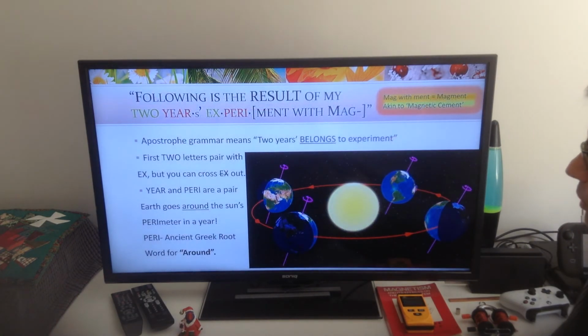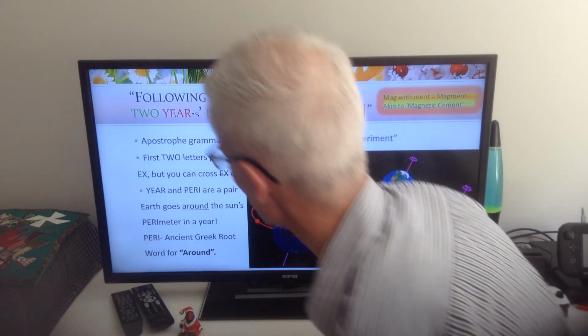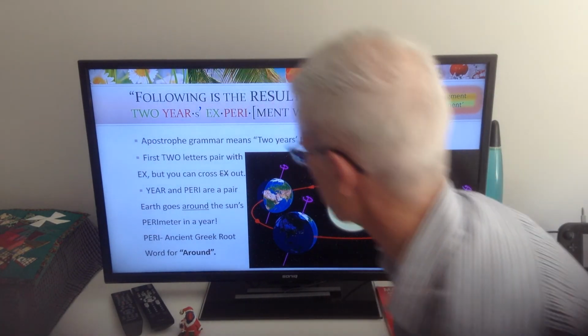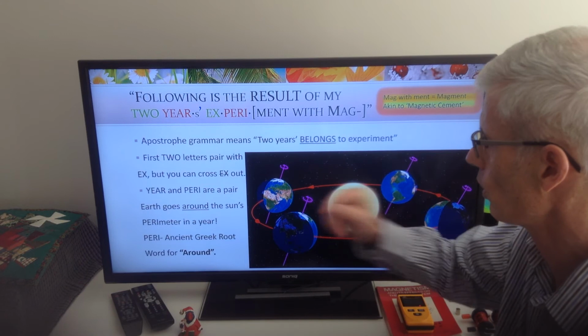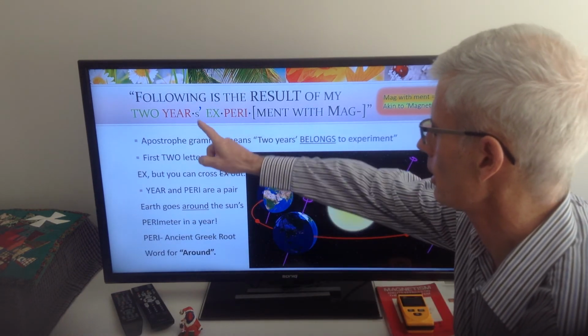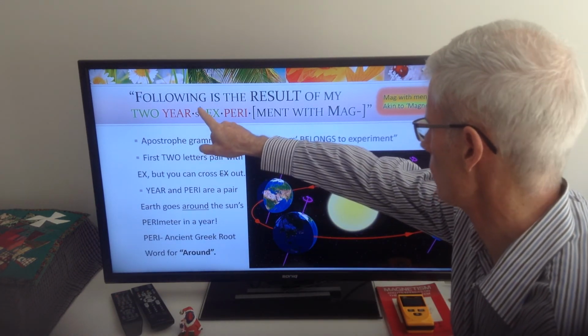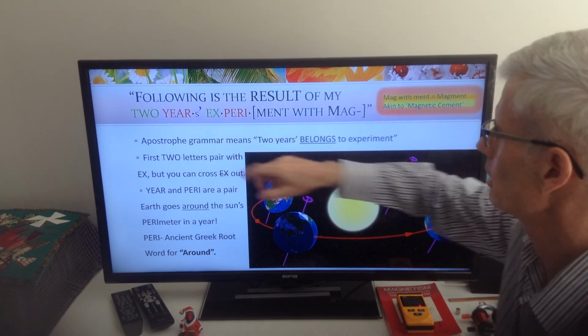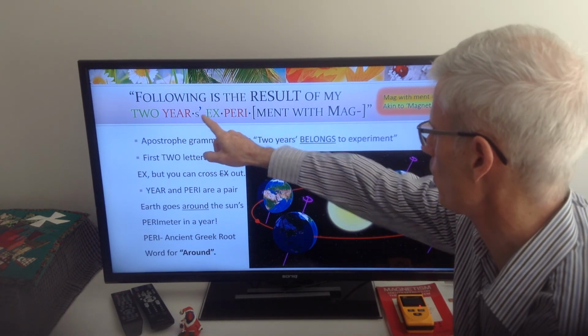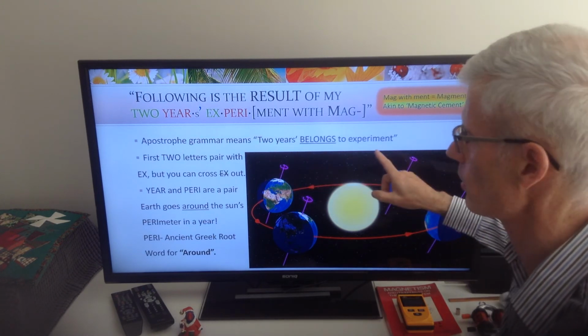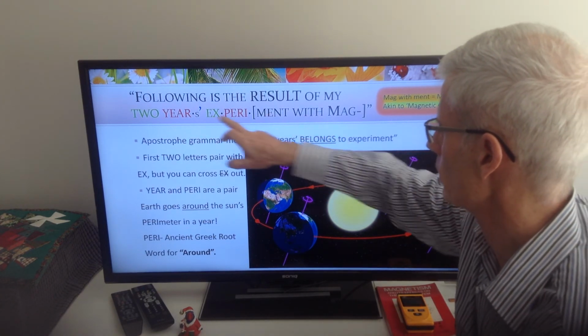Right, next one. Following is the result of my 2 years experiment with mag. That's very interesting to try and decode. The apostrophe is very important, because the apostrophe means that it belongs to experiment. So there's experiment here.